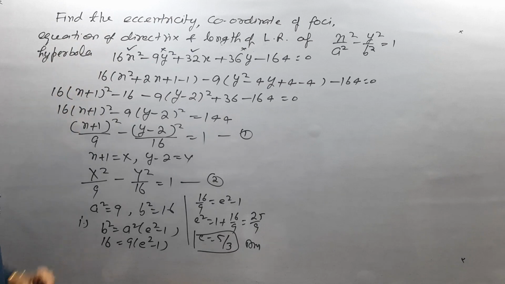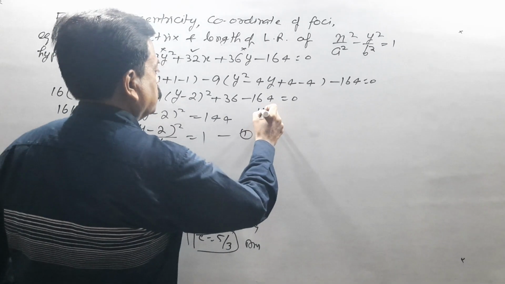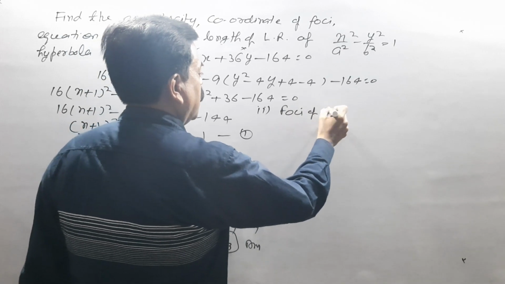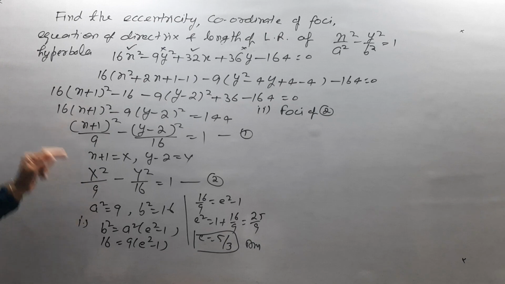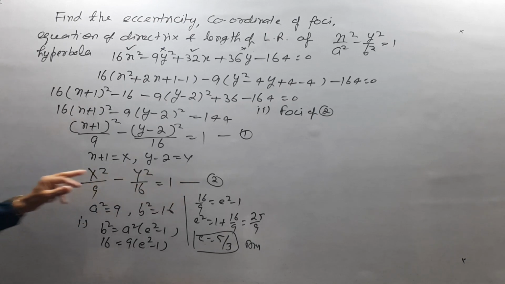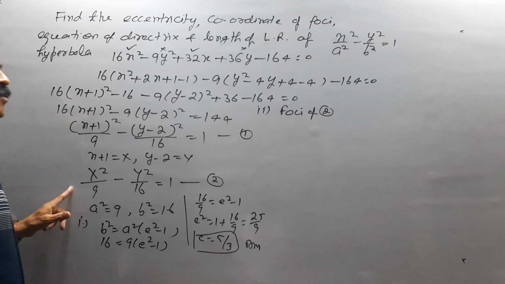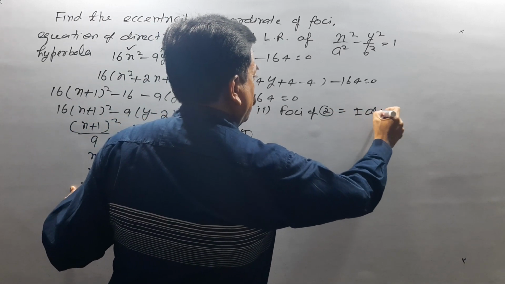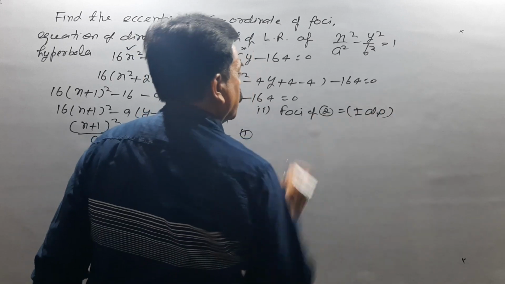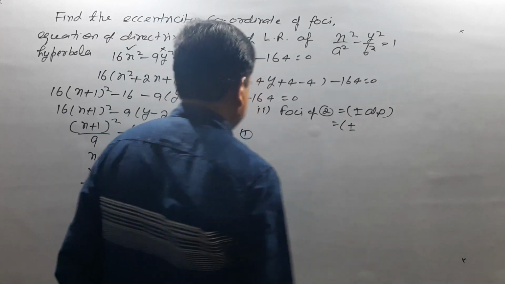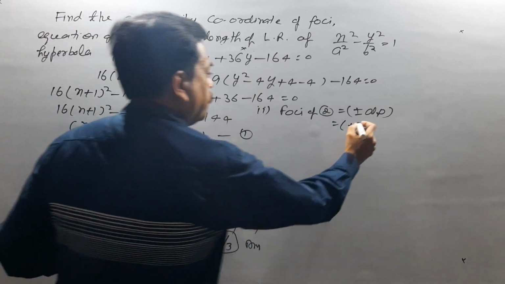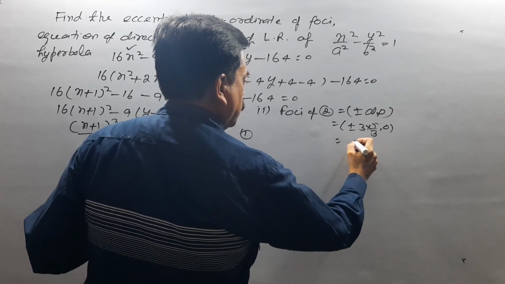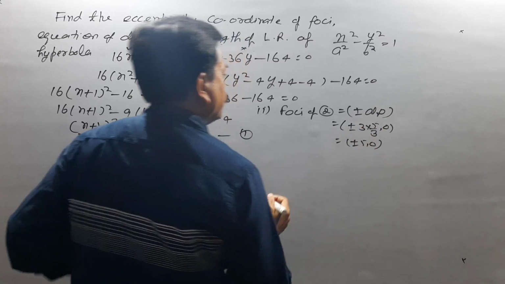And now the second thing is coordinates of foci. The foci of hyperbola 2, because this hyperbola is in standard form, are plus minus ae comma 0, or plus minus, a is 3, e is 5 upon 3, or plus minus 5 comma 0.